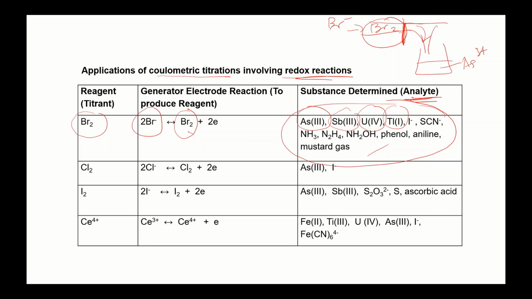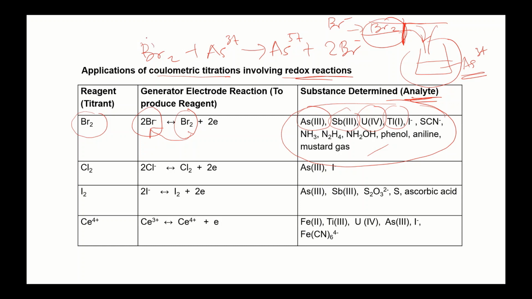You must calculate how much bromine reagent is produced first, then relate it to the analyte reaction between bromine and arsenic. Bromine will reduce to bromide, and arsenic will oxidize in this test solution.